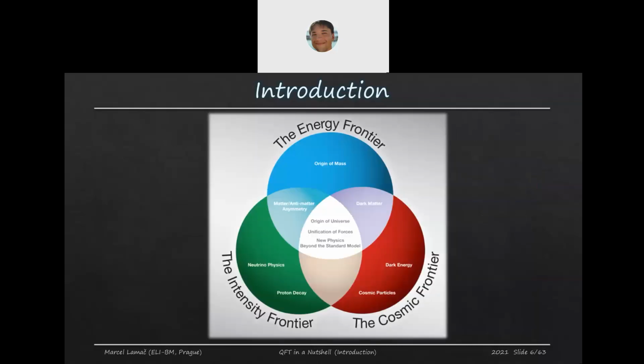Obviously, quantum field theory is used in many parts of physics. It's used in the energy frontier, where there are many interesting topics like the origin of mass, the existence of dark matter, matter-antimatter asymmetry, stuff like that. And there's the intensity frontier, where neutrino physics is being done in Kamiokande in Japan, for example, or where people are trying to measure proton decay.